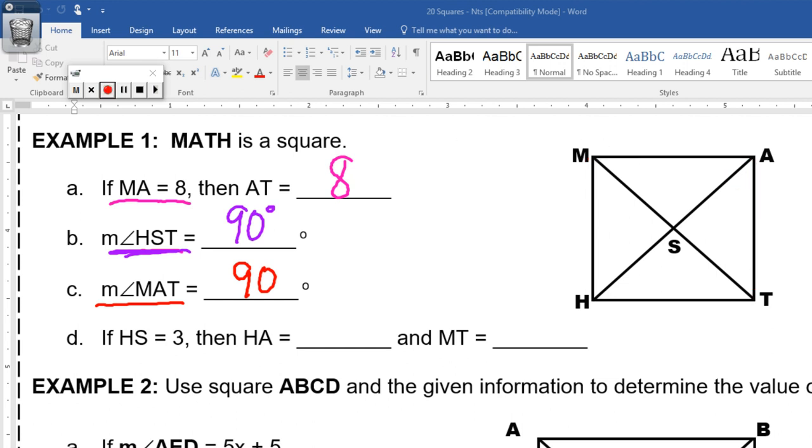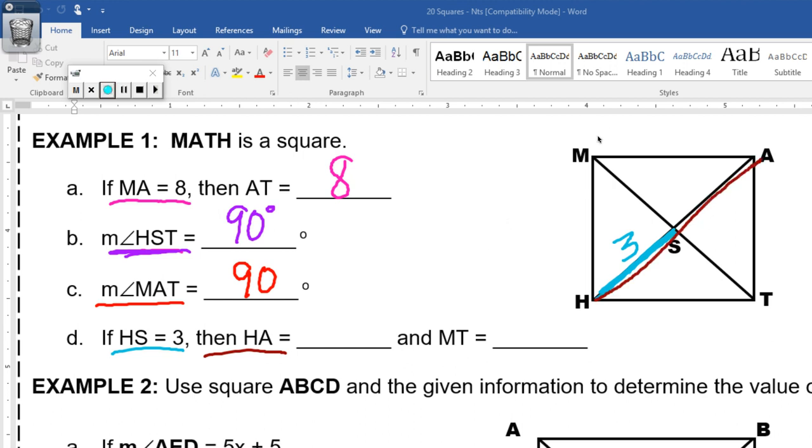Move on to the next question. The next question is telling me that I want to know, if HS is 3, find HA.